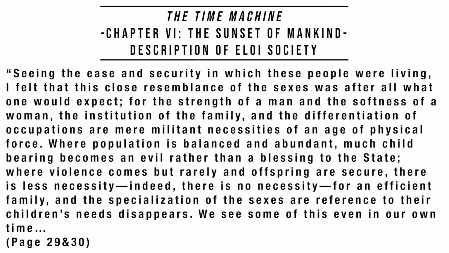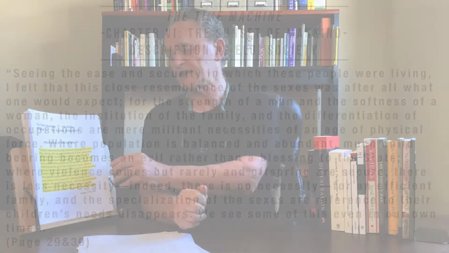Where population is balanced and abundant, much childbearing becomes an evil rather than a blessing to the state. Where violence comes but rarely and offspring are secure, there is less necessity, indeed there is no necessity, for an efficient family, and the specialization of the sexes, with reference to their children's needs, disappears. We see some of this even in our own time." Naturally, he's talking about the 1890s.